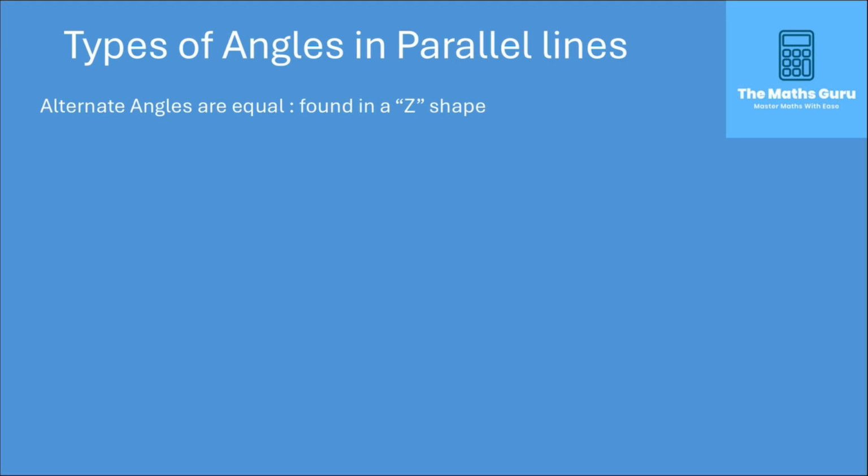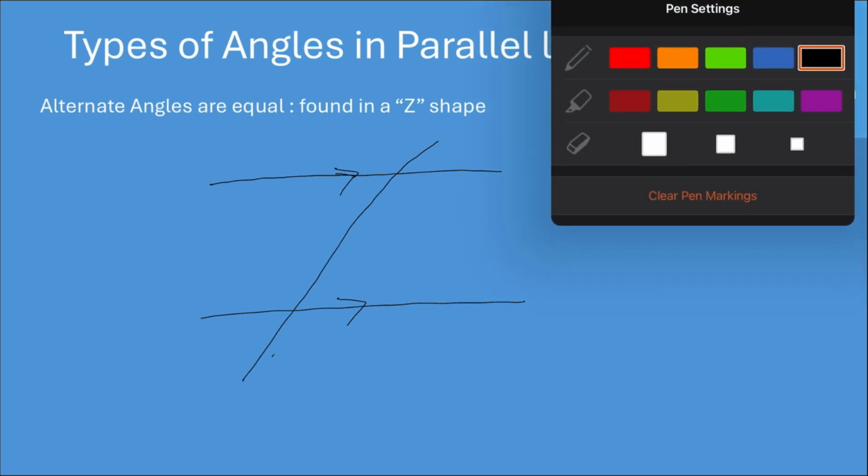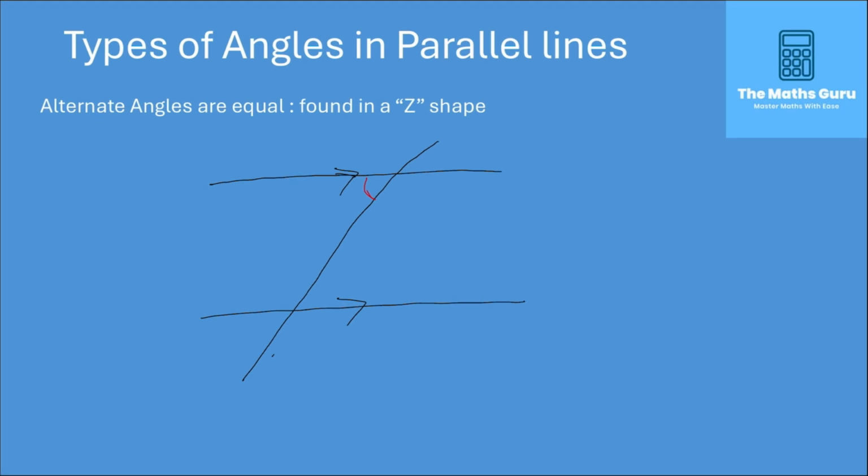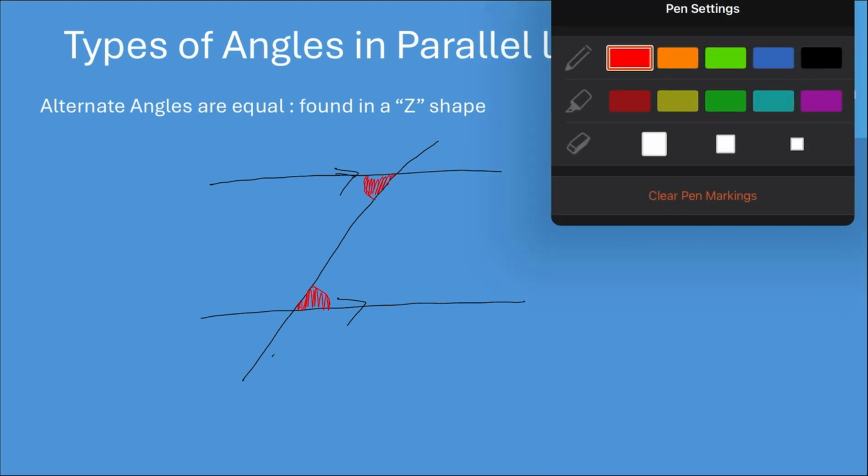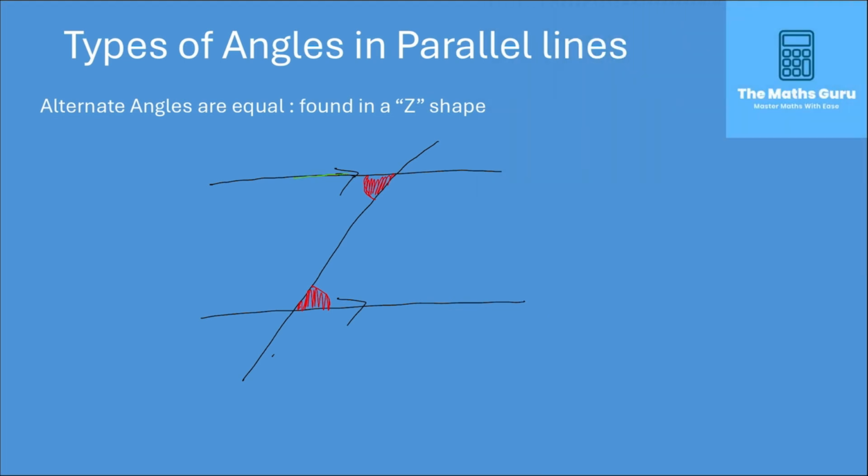So if I was to draw this out, what it would look like would be two parallel lines, and the way we show parallel is through these arrows like this, and we say that alternate angles are angles which form a Z shape. And here we can clearly see the Z shape here.